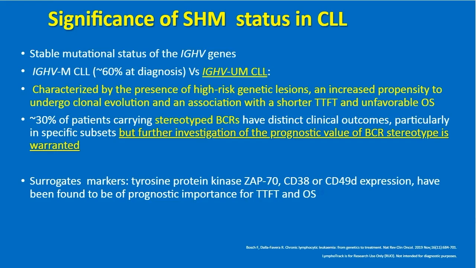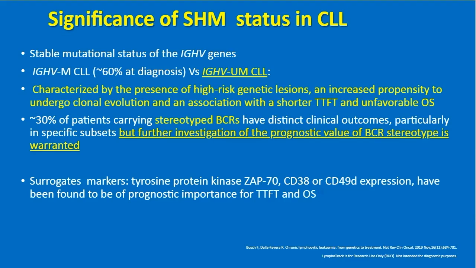30% of CLL patients carry stereotyped B-cell receptors, which have been found to have a distinct clinical outcome, particularly in specific subtypes. This is a relatively new area of study in CLL, and I will go through a couple of those during the presentation. But this is really coming into clinical management decisions very soon.